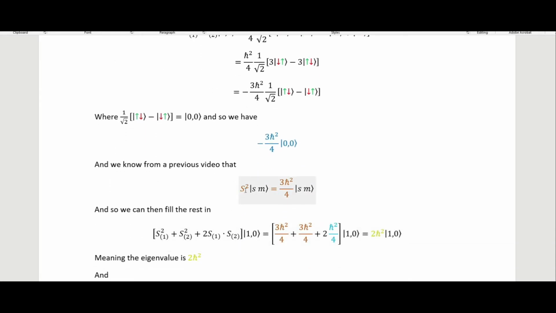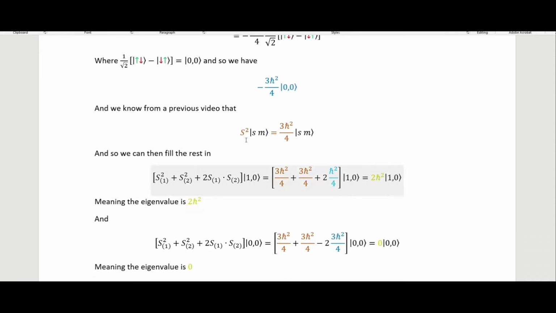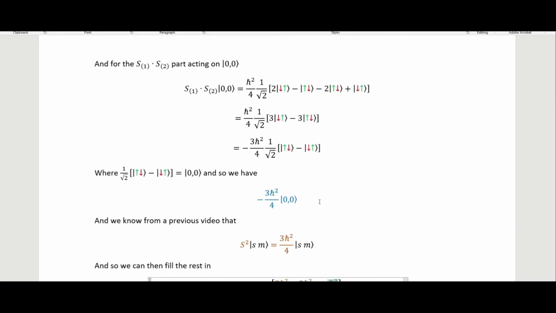And so we know the S squared things from a previous video, when we act that on our state here, we just end up with 3h bar squared over 4. And so we can fill in the rest. So we have our first S squared and our second S squared. So that's where this and this come from here. We have our S1 times S2, which is where our h bar squared over 4 comes from.